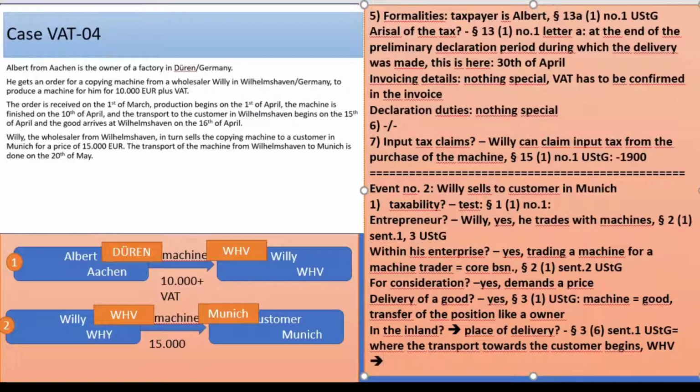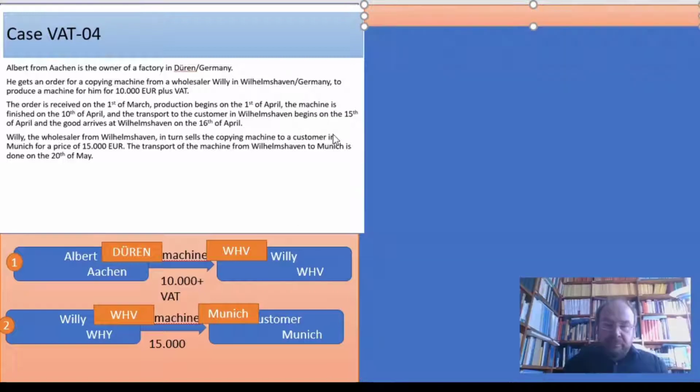So everything is fulfilled, taxable in Germany under § 1 number 1 of the UStG. Again, now you will have to ask yourself for a tax exemption, § 4, and there is none which is applicable. So it's liable to tax. You will have to pay.